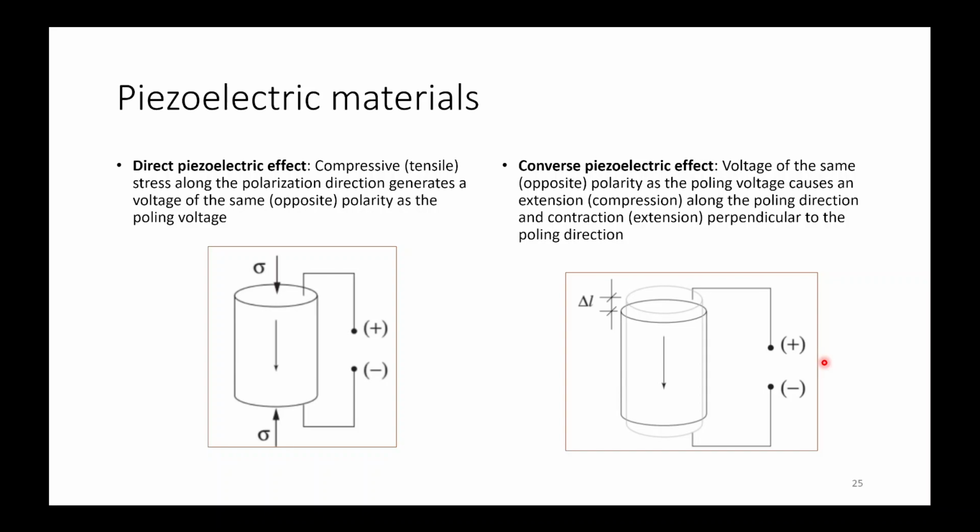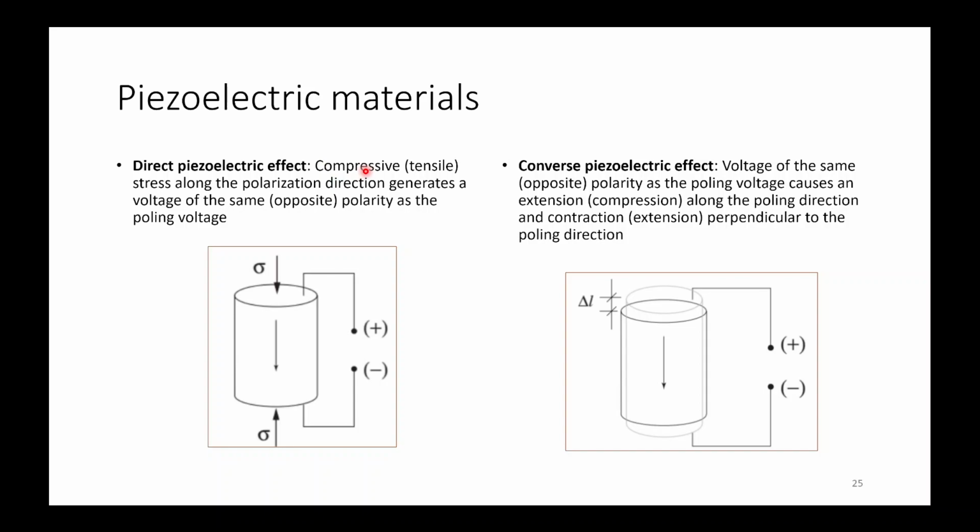Now there are two types of piezoelectric effects. First is direct, second is converse. In case of direct, your stress will be converted into voltage. In case of converse, voltage will be converted into some strain.